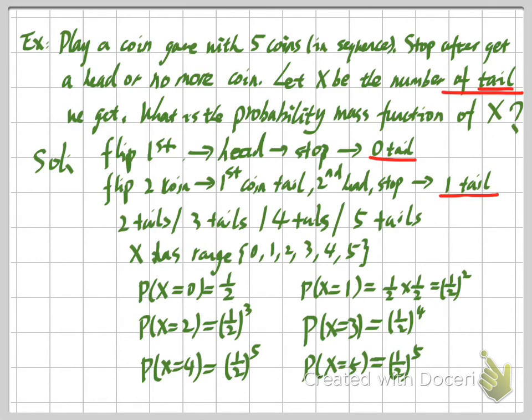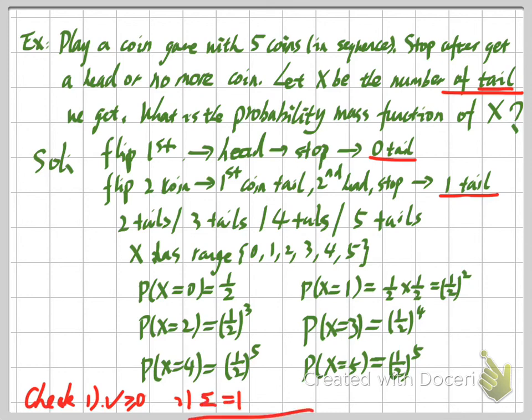From our computation here, we can see that each of these probabilities is a non-negative number, right? So this is trivial. The second one is that the sum of them equals 1. We will need a calculator to compute this.